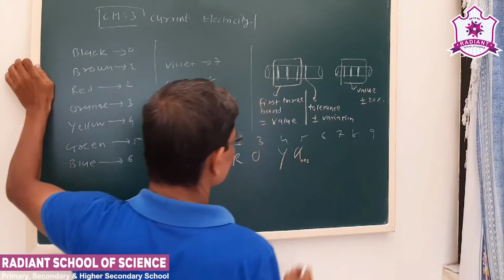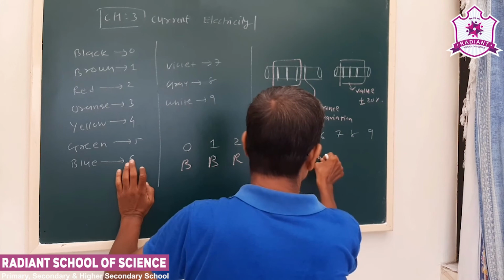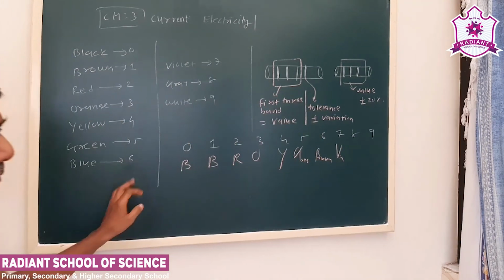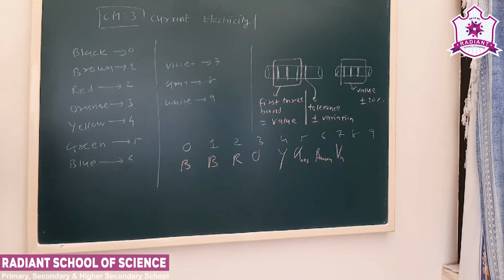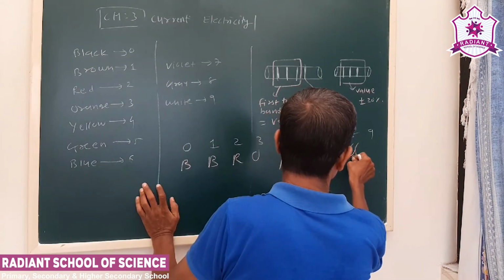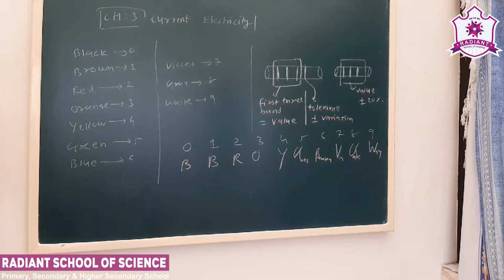goes to, okay, 6 is blue, Bombay, 7 is violet, via, 8 is grey, gateway, 9 is white, with.